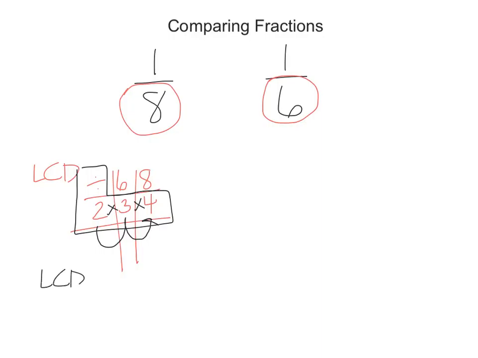So my LCD equals 24. Neither of these fractions have the denominator 24. So I'm going to set them up in a fraction times fraction equals fraction so that it becomes 24.